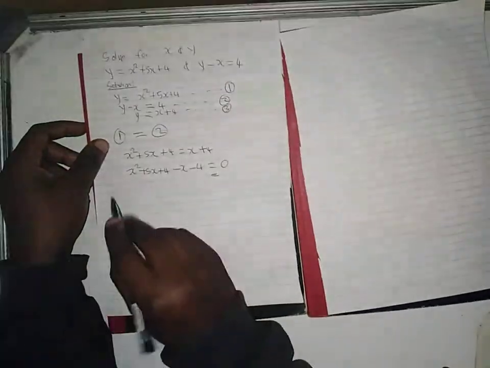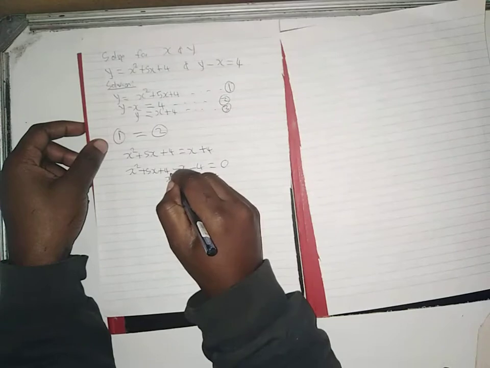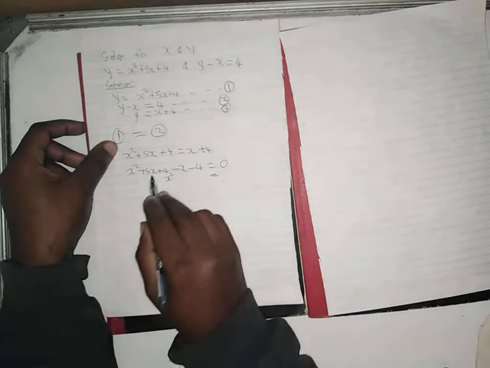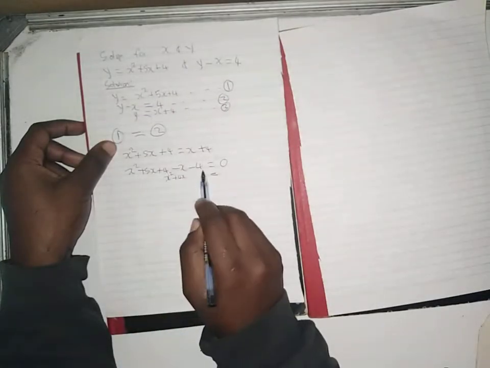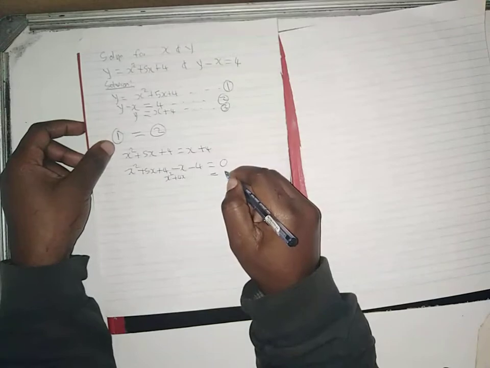So we put an equal sign here, and then x squared is just x squared. What about 5x? 5x minus x is going to be plus 4x. And then 4 minus 4 is 0, so you don't have to add 0 here.